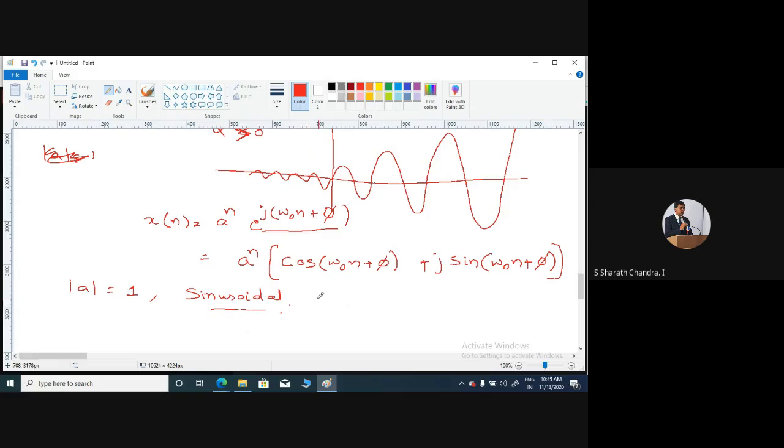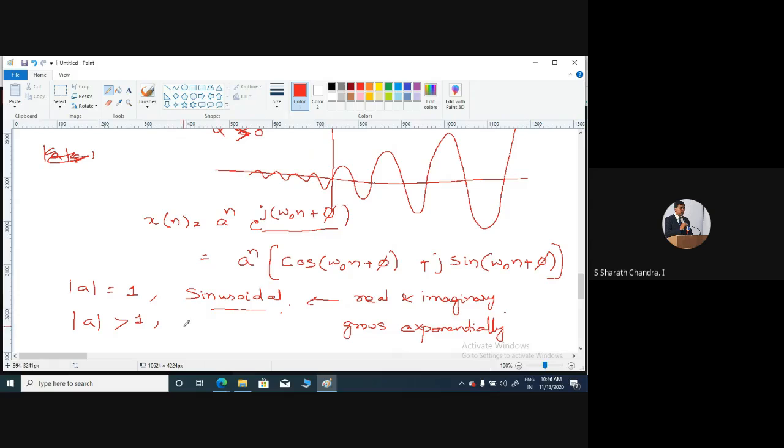And for mod a greater than 1, the amplitude of the sinusoidal sequence grows exponentially. You could see that it grows exponentially as we have seen before, but it will be a discrete time sequence now.